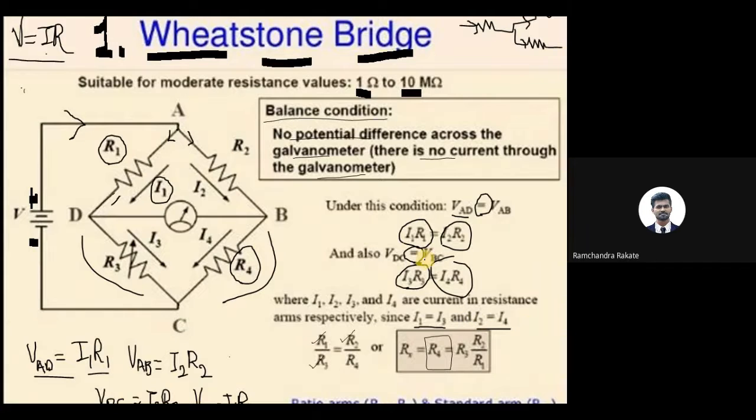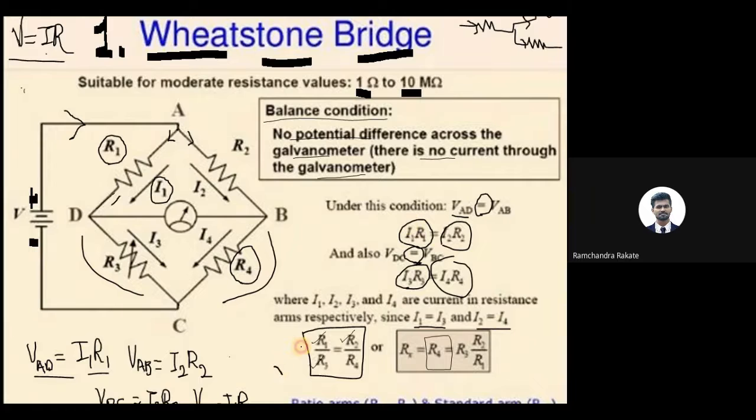Okay. So if you rearrange this, we will come to know that R1 by R3 is equal to R2 by R4. How did this come? For that we have to rearrange the terms and put in the values of I1 and I3, and I2 and I4.